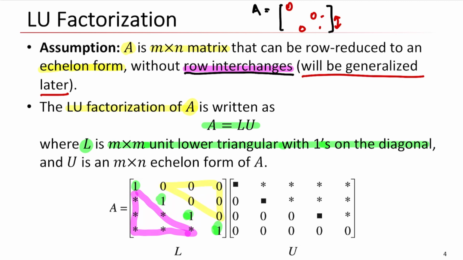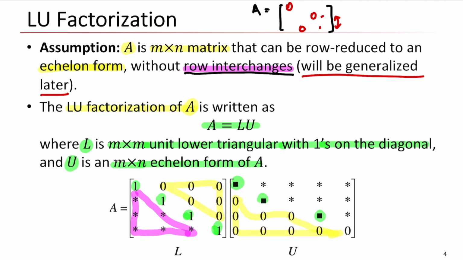This is the matrix L, and matrix U is the m by n echelon form of the matrix A. So in matrix U, there are pivot positions, and there are zero values under the pivot positions. Let's draw it like this.